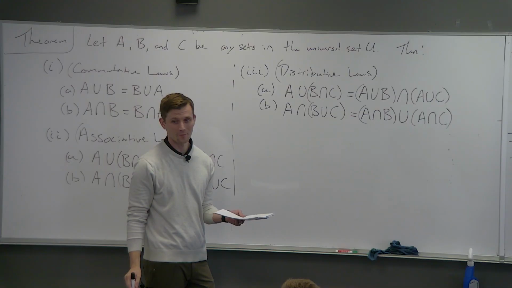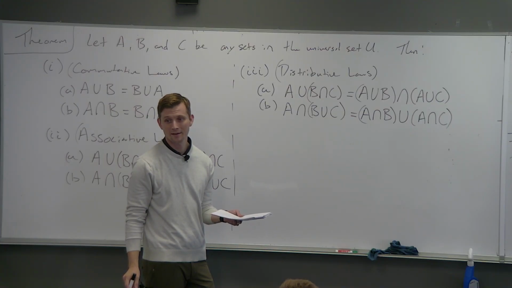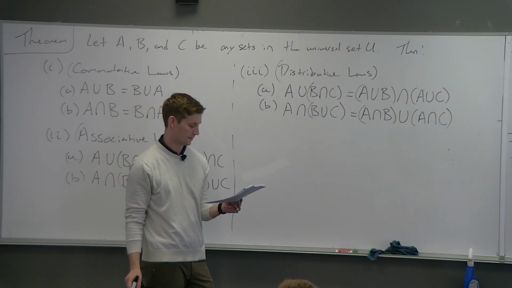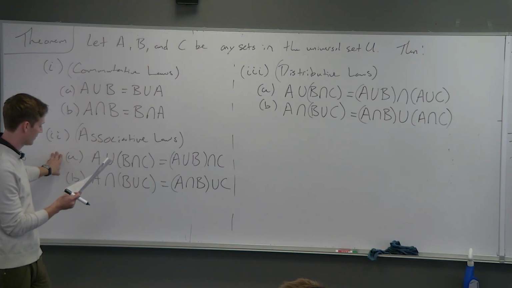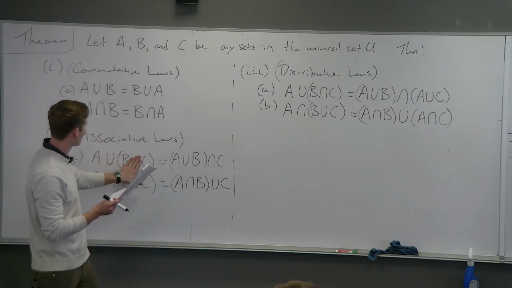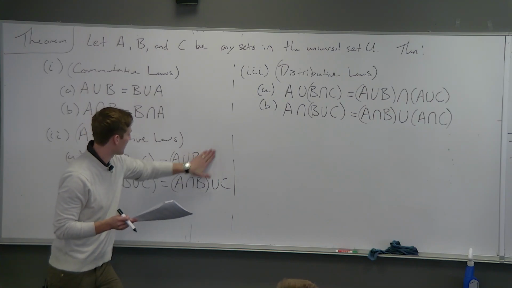See how they're basically the same, just flipping cups. The associative laws on the paper look a little different. Wait, did I write my associative laws wrong because I'm trying to go fast? Oh no, I did.